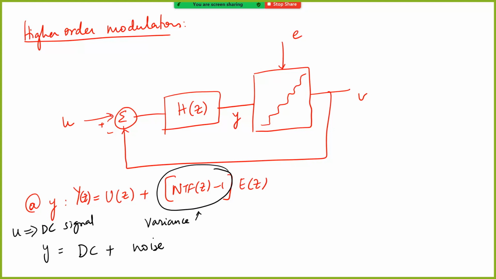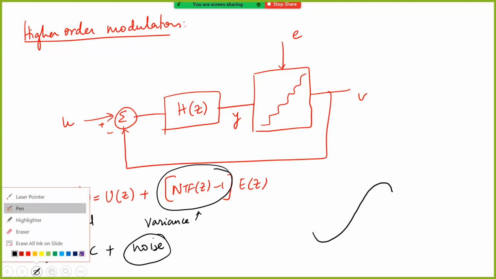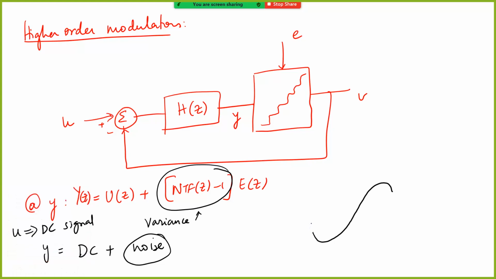And now at this point, there is no FIR low pass filter, which is chucking out all the out of band noise, and therefore the variance of this particular noise is very, very large. That is to say, let me just draw a small sinusoidal signal. Now what you are seeing here is the actual signal which is sitting at y, right? We can simulate this and you can show, like so, it will be like this.